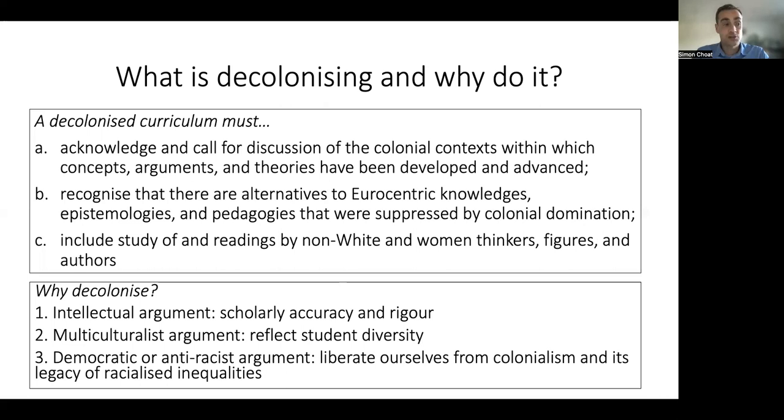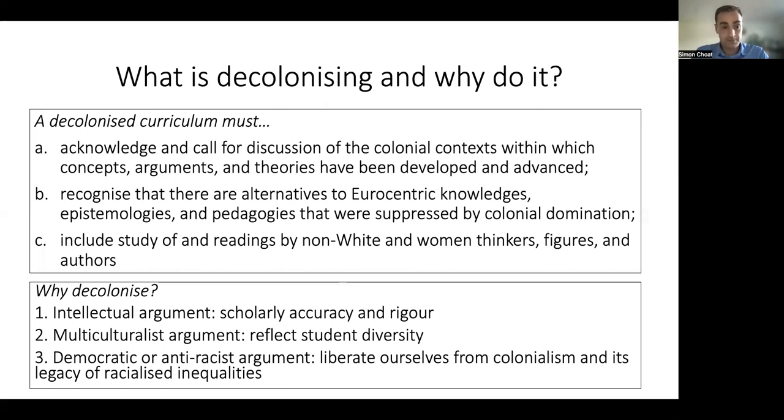Or it can take a stronger, more normative form associated more explicitly with multiculturalist thinkers like Charles Taylor, which is the claim that if certain cultures are presented as unworthy of study, then students from those cultures are harmed because they're offered a degraded image of themselves.